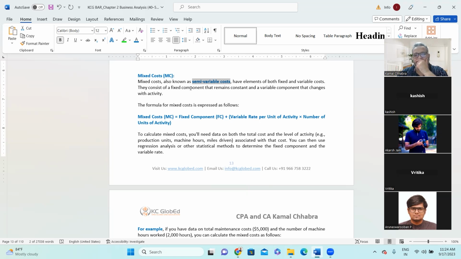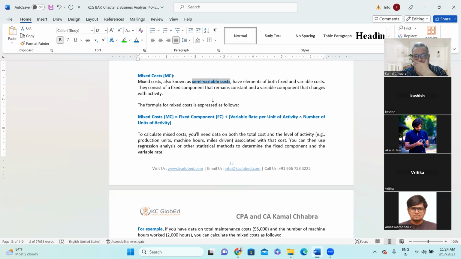What I was actually saying, sir, step fixed cost, that is actually the same, this is semi-variable cost. I think, because in semi-variable it would be partially fixed, that up to a point, if you are doing this much production, you will have to incur like 10,000 rupees for 100 units maybe. But after that point, because of economies of scale or whatever it is, it will keep on changing.